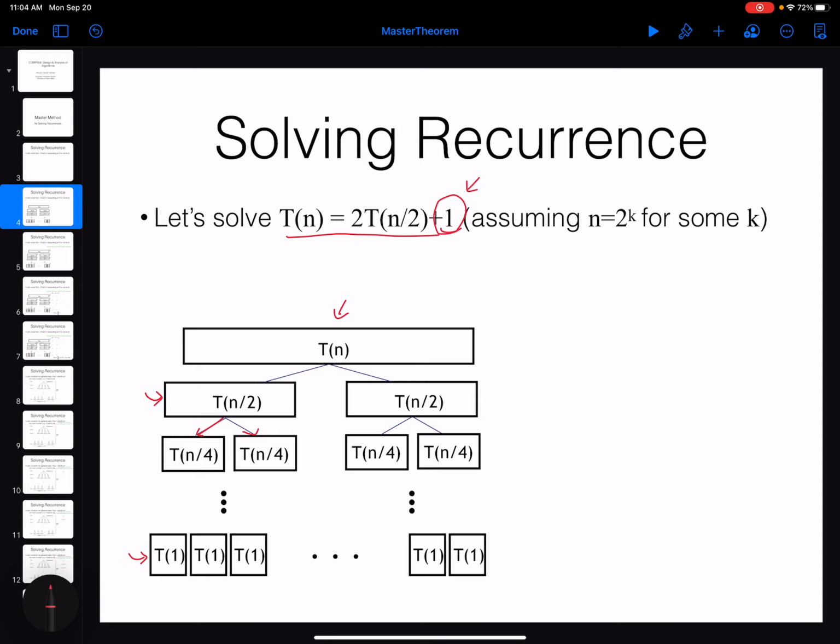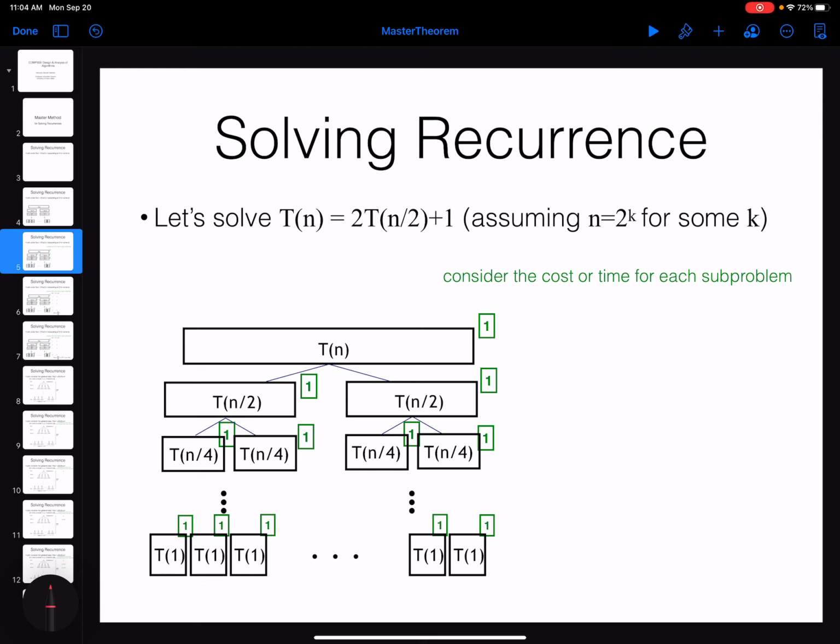So for each of the boxes, some additional time will be added, and at the end, the total result of T of n will be the summation of all of these associated costs over all of the nodes in our recursion tree. To make it simpler, if you calculate the summation of these costs level by level and then add up all of them, it's going to be easier.